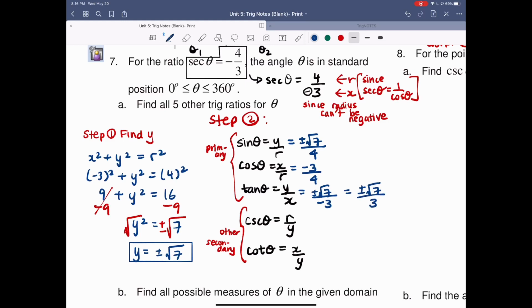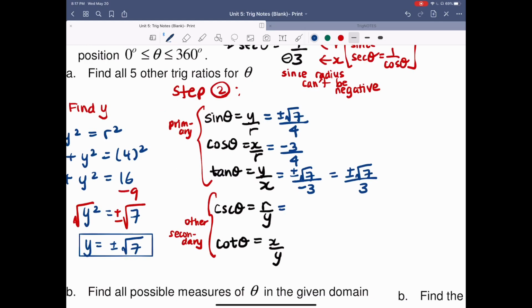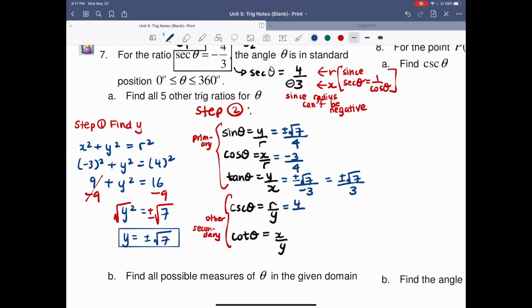If you have that negative there, well, you have a plus and minus version of it anyway, so that's going to overpower it. For r divided by y, r is equal to 4. y is equal to plus minus square root of 7. And then x over y is -3 over plus minus square root of 7.